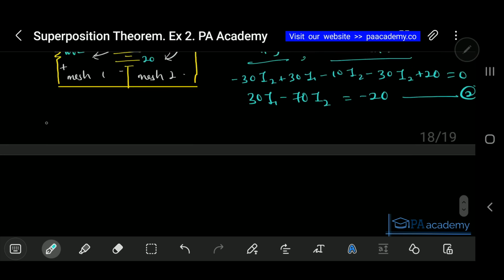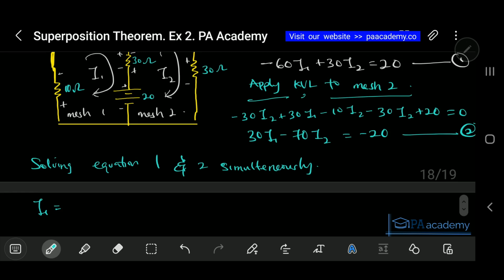Solving equation 1 and 2 simultaneously. If you do that correctly, you are going to get your I1. Let me first of all write out the two equations.